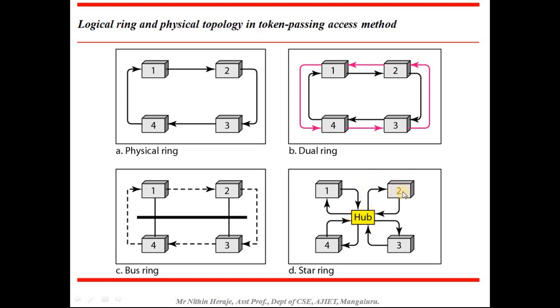On retrieving the acknowledgement from station 4, station 2 will forward the token packet to 3, and from 3 the token packet will move towards 4, and from 4 towards 1, and this keeps happening in a circular, ring manner. Okay, so this is how the token passing method works for the controlled access method.